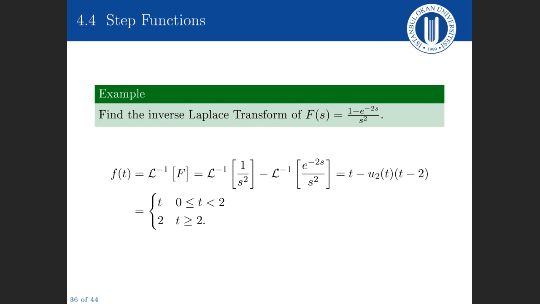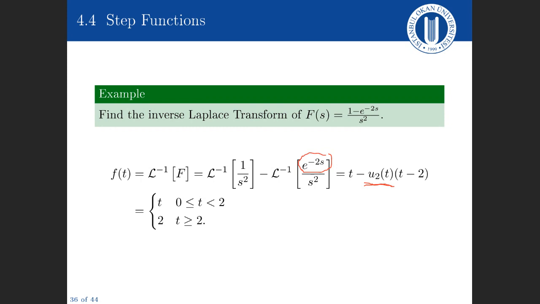We use our shifting formula for the second term. Anytime we see e to the power minus cs, we think, okay, it must be uc. And we calculate the inverse Laplace transform of what's left. We're left with 1 over s squared. We know that the inverse Laplace transform of 1 over s squared is just t.